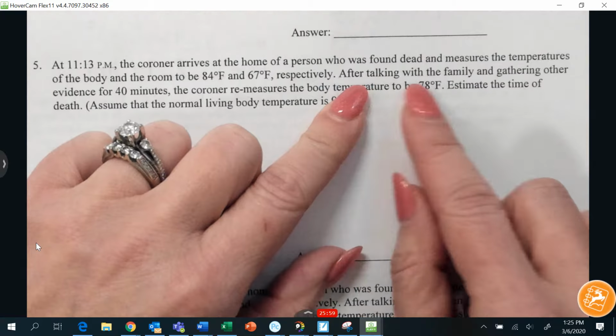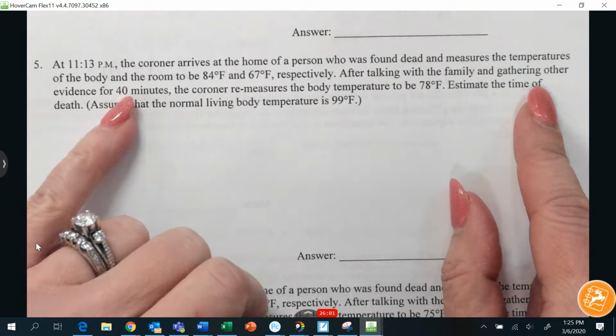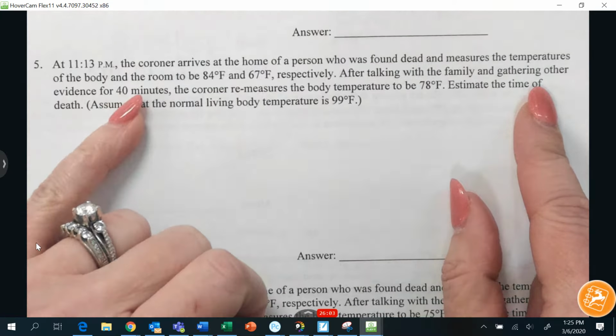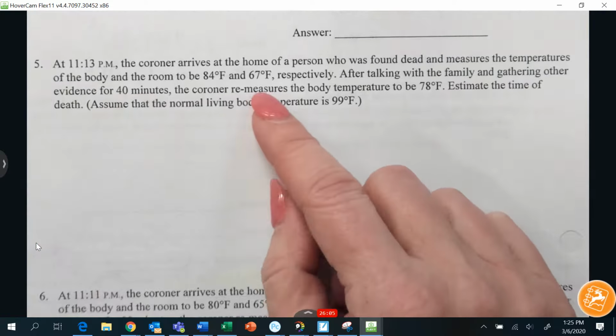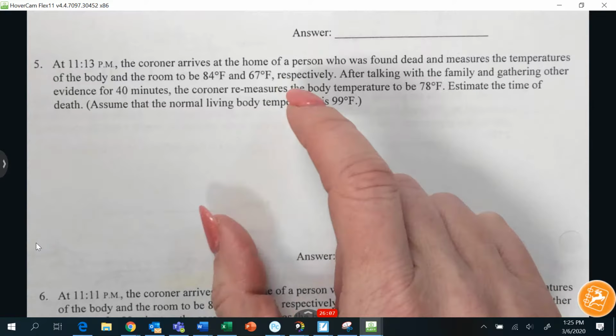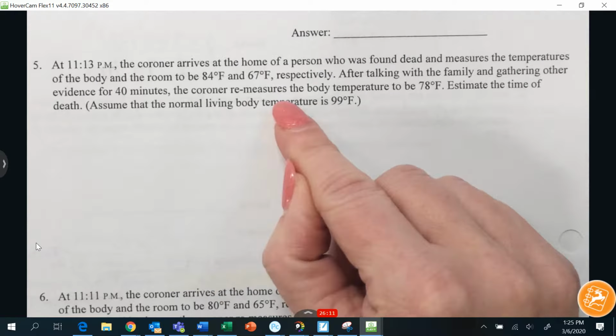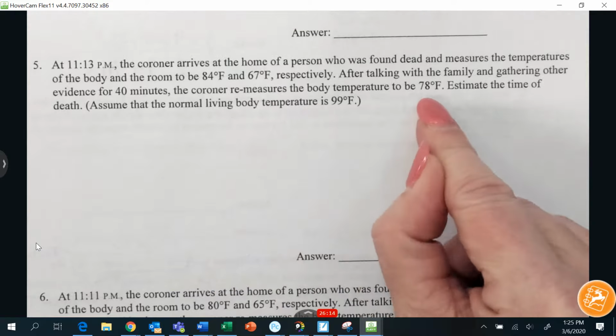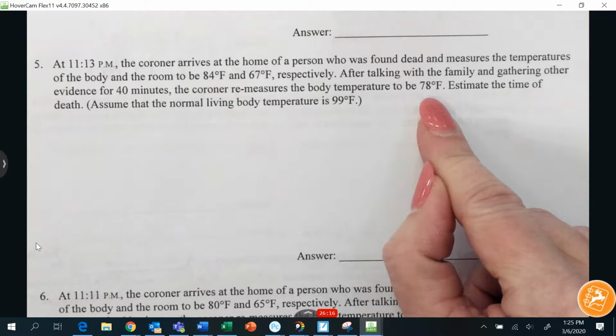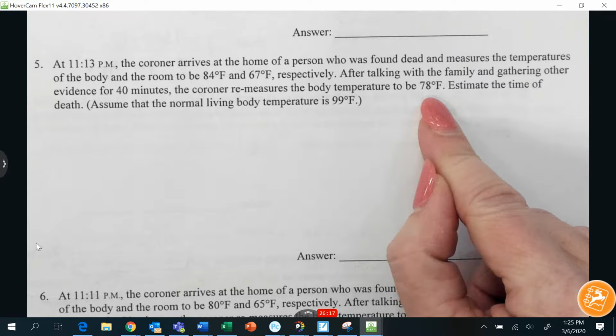After talking with the family and gathering other evidence for 40 minutes, the coroner remeasures the body temperature to be 78 degrees. Estimate the time of death.